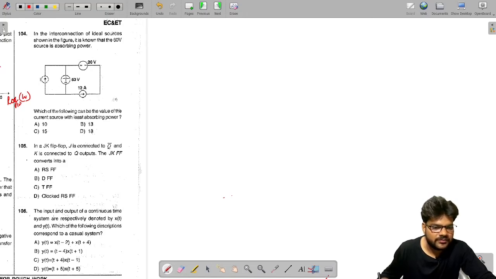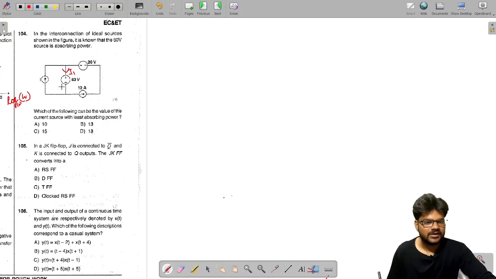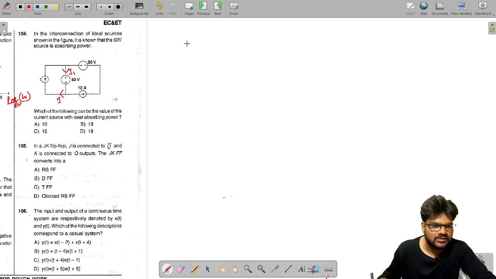If it is absorbing power, it means current has to flow into its positive terminal. So let us call it I1. I was going this way and 12 was going this way, so I1 will be I plus 12.